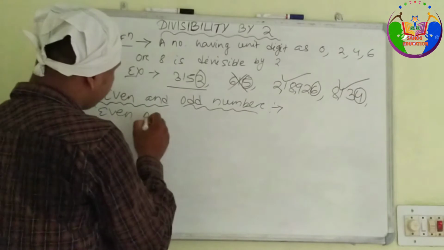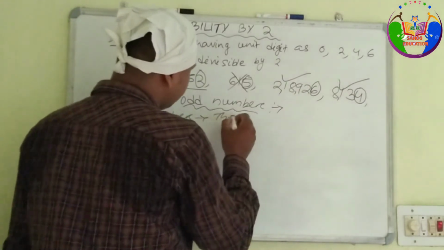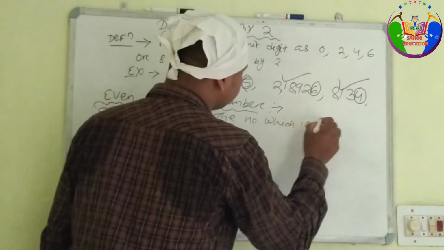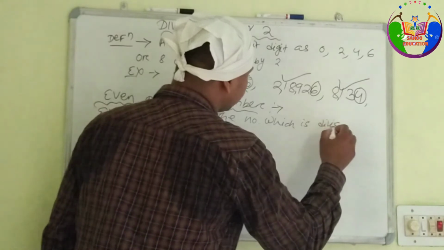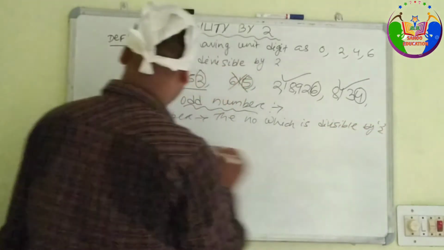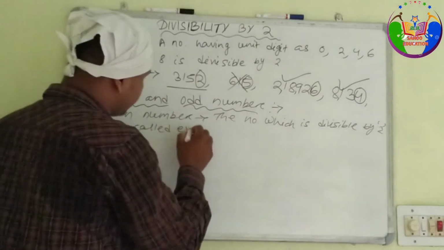So, even number: the number which is divisible by 2 is called an even number.